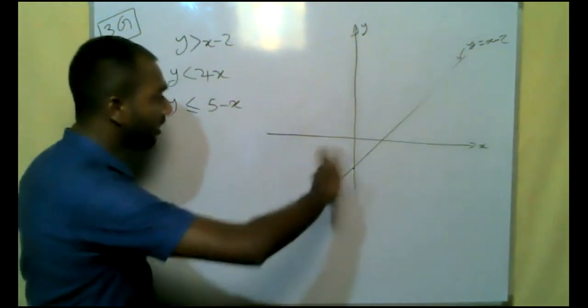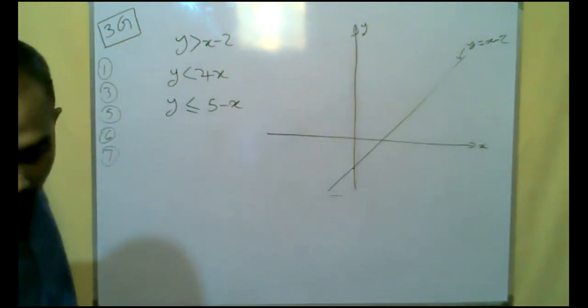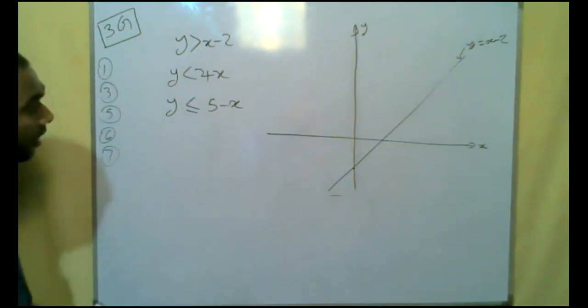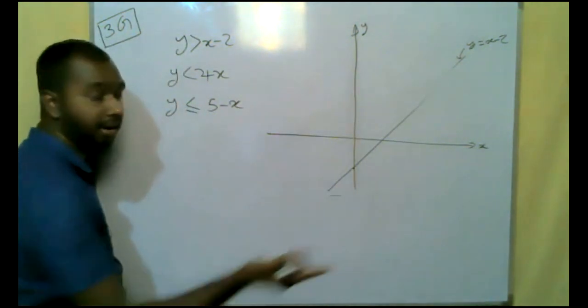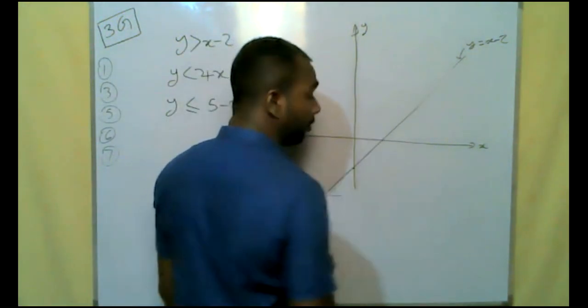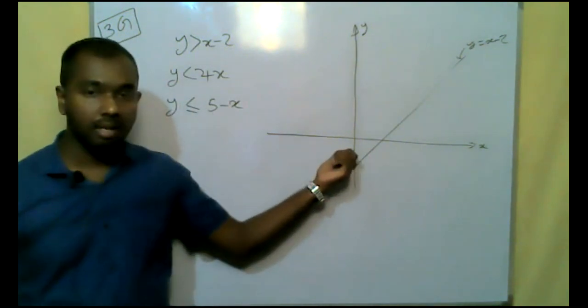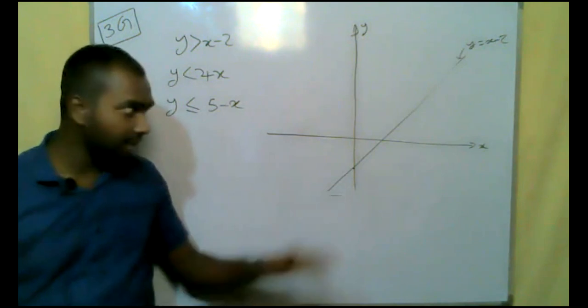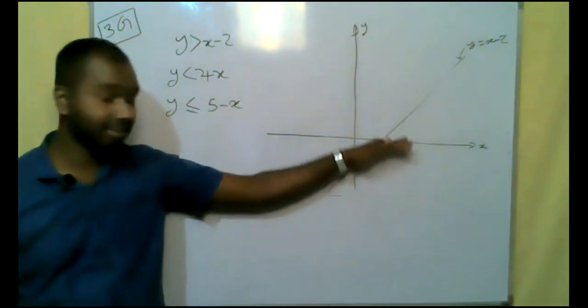4x means there is no intercept, so the point of intersection is 0, and it has a much higher gradient. By now you know that the gradient of a line we can take from the tan value of the angle it is making with the x-axis.